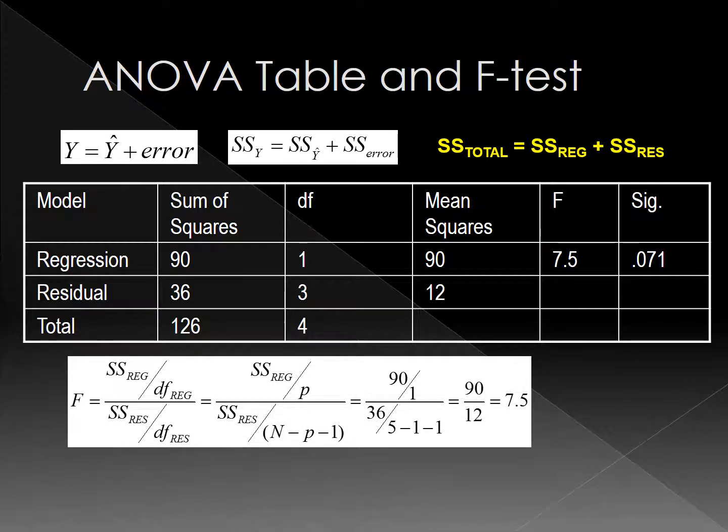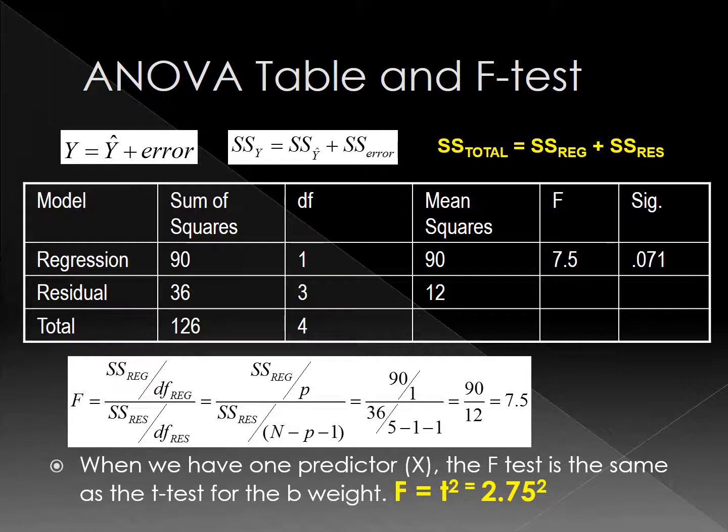F-test, as we mentioned, equals mean square regression divided by mean square residual. So it is 90 over 12, 7.5.